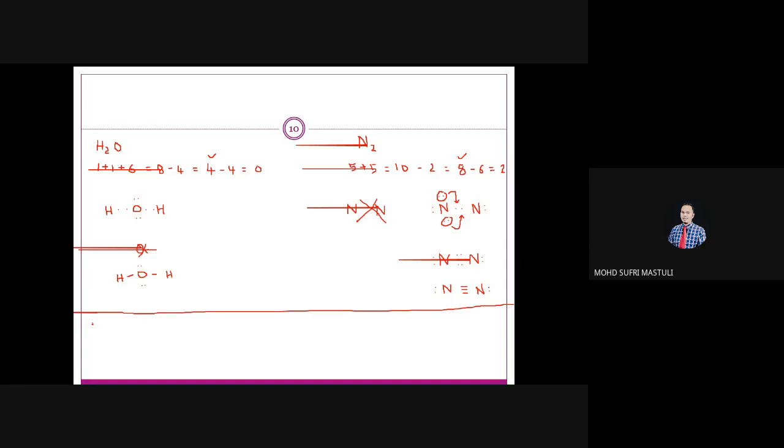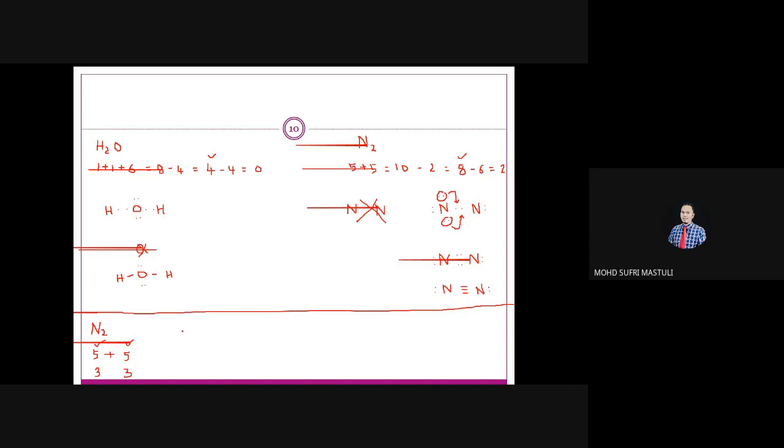Okay, nitrogen. We know each nitrogen has 5 valence electrons. In order to become 8, each 5 must receive another 3. It should share another 3.